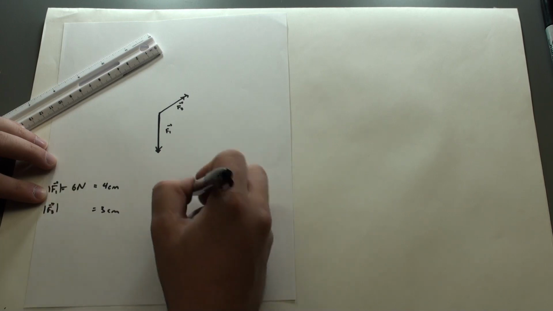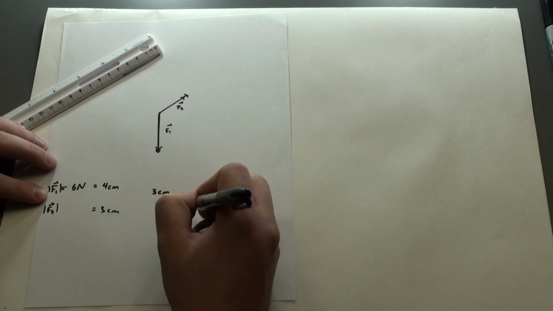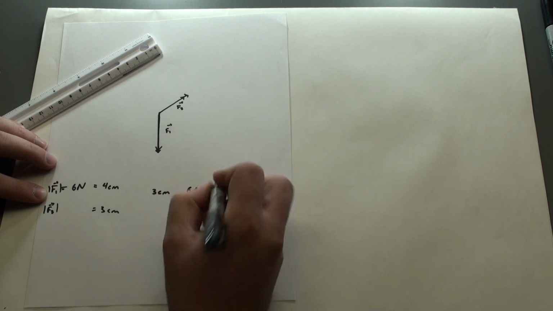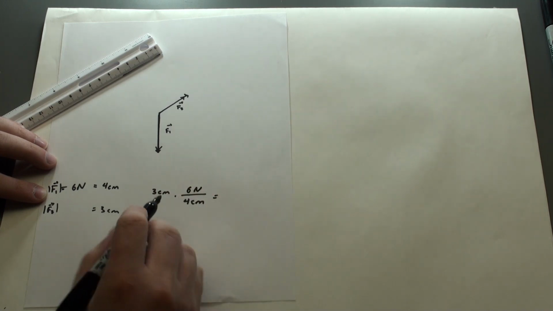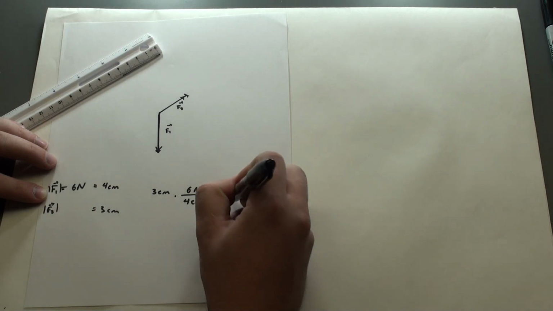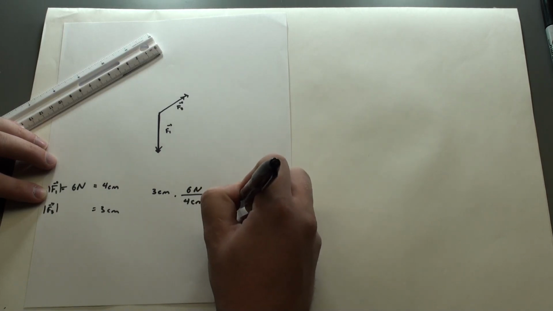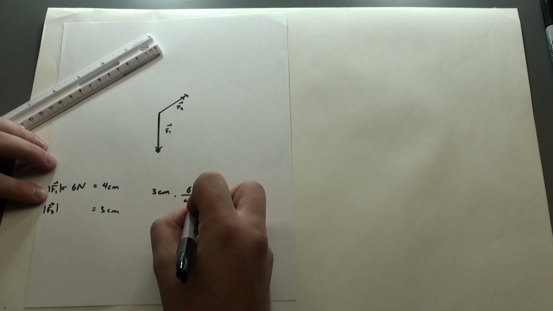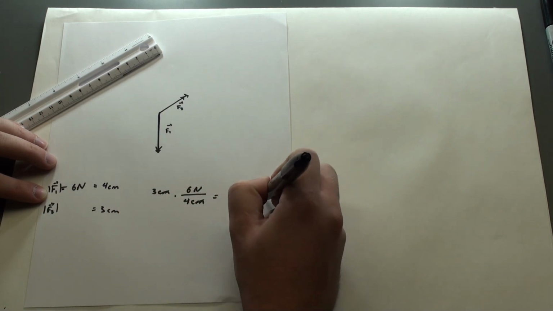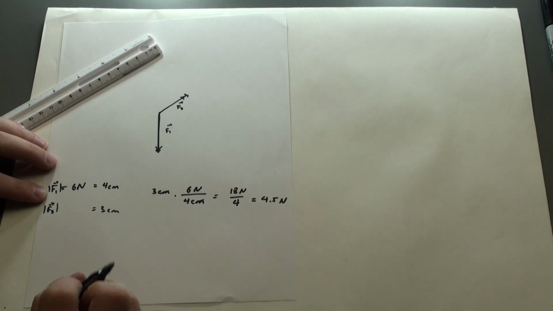With this equivalence statement, we're going to do a conversion that we're used to already. So this is 4 centimeters and 6 newtons. That then is 3 times 6, 18 newtons, divided by 4. And then these will cancel out, so that leaves us with newtons. That's just simply going to be 4.5 newtons.